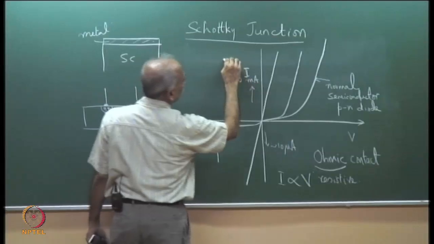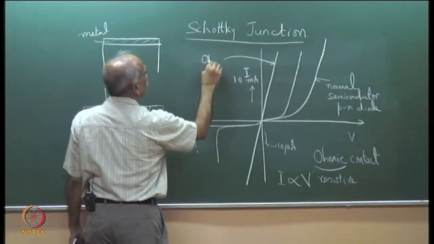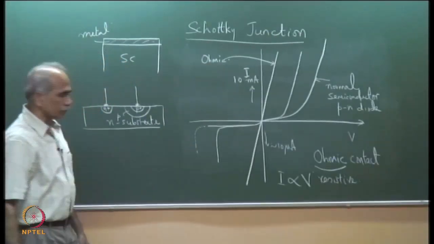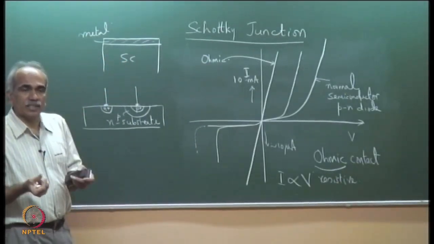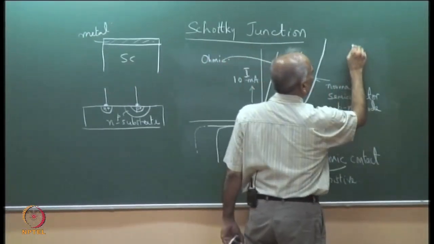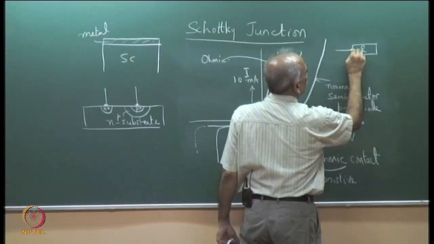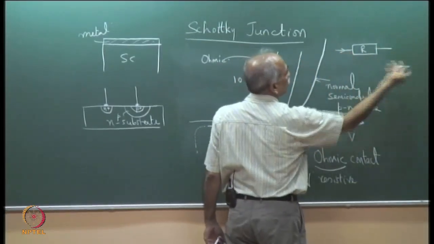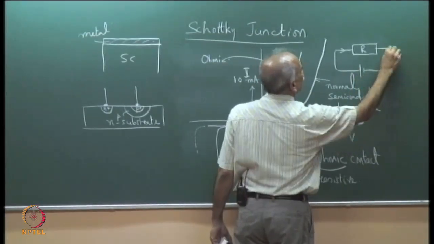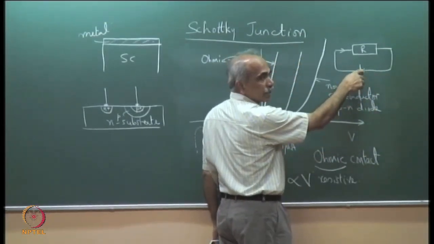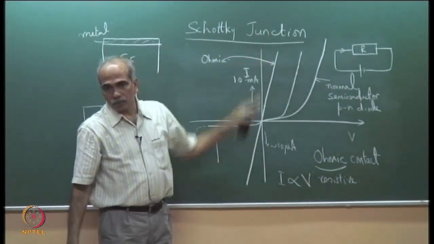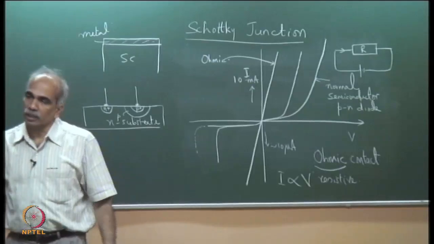So, this is pure ohmic. An ohmic device, if you take a resistor for example, whether you pass current through the resistor R in this direction or in that direction, or alternatively apply a battery potential in this direction or the other way, it does not matter. The current behavior is the same on either side, hence the name ohmic.